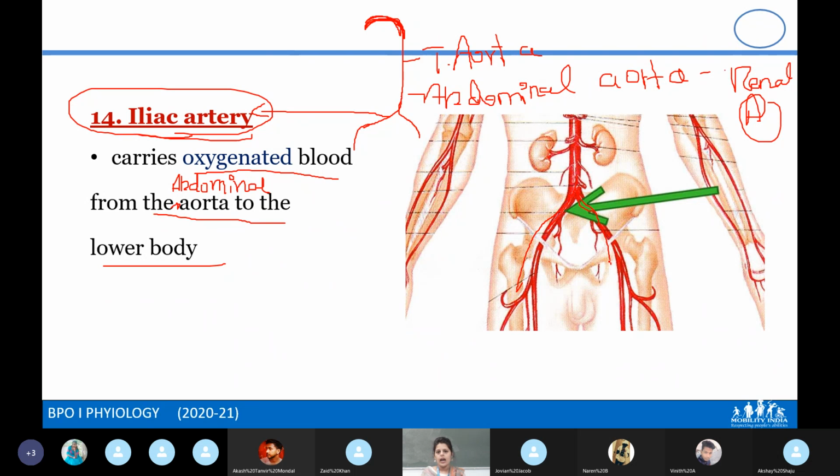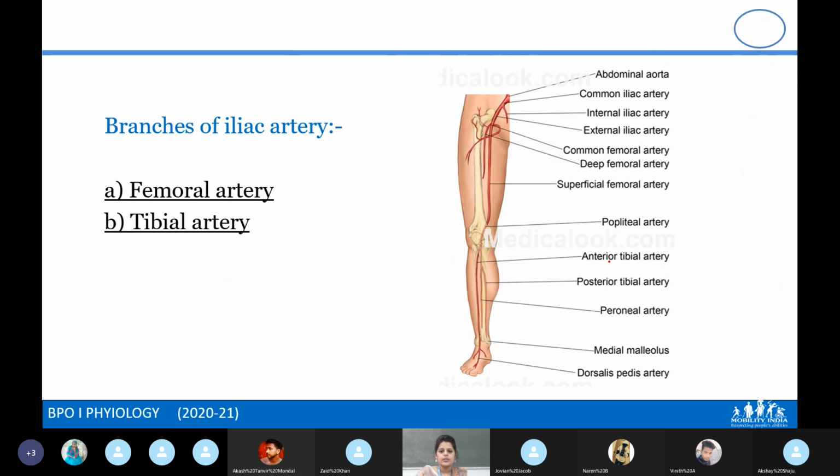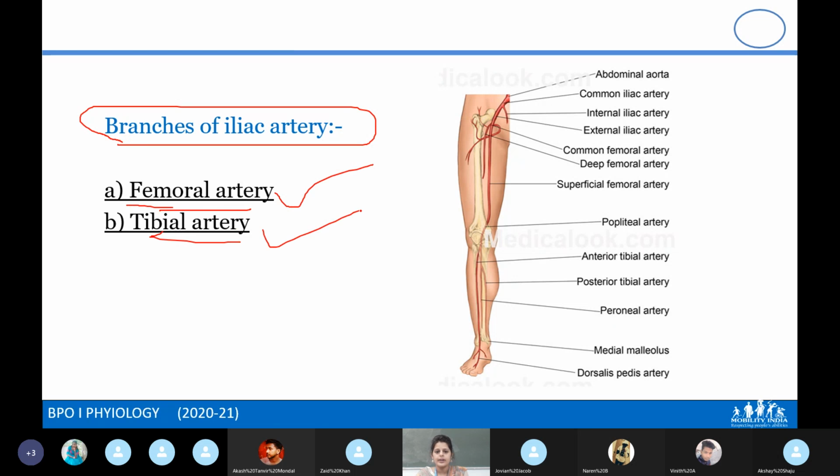I keep on saying, just imagine it, so it will be easy for you to remember the names. Next are the branches of the iliac artery. It gives branches: one is the femoral artery and another is the tibial artery.